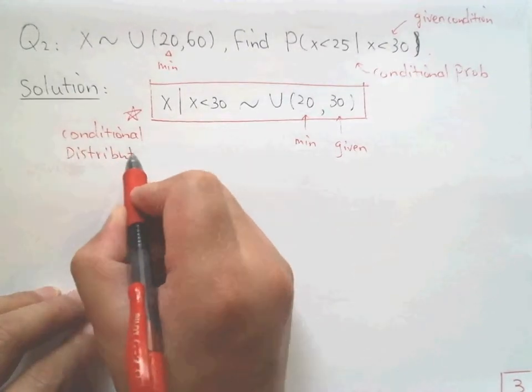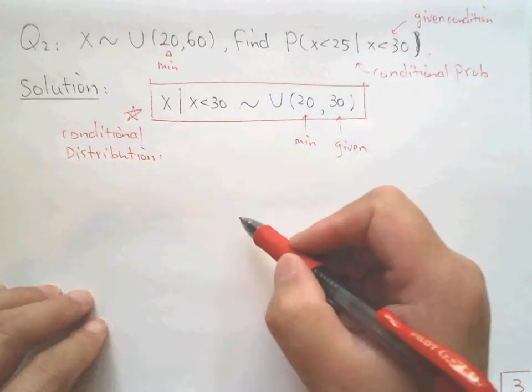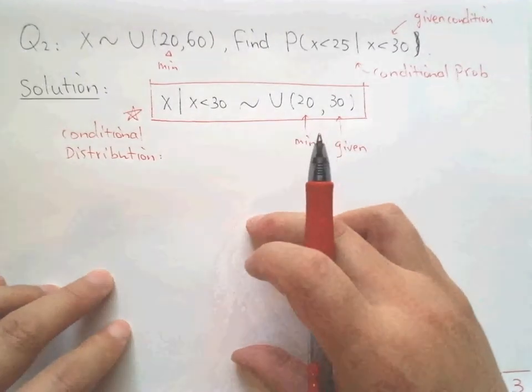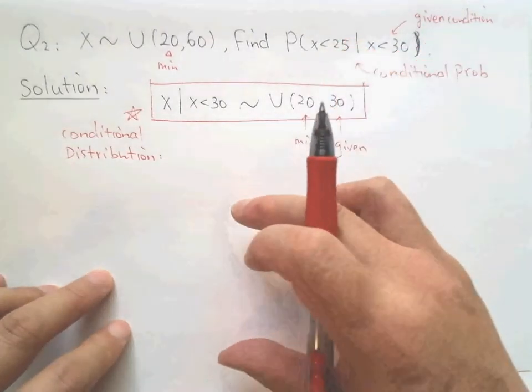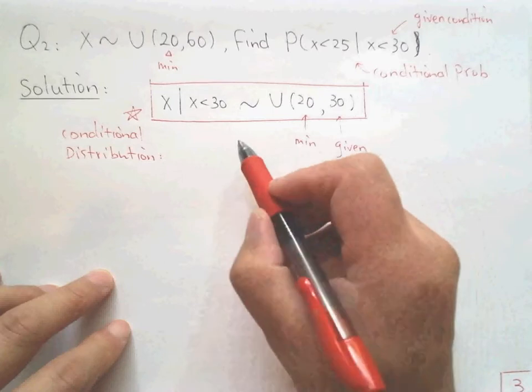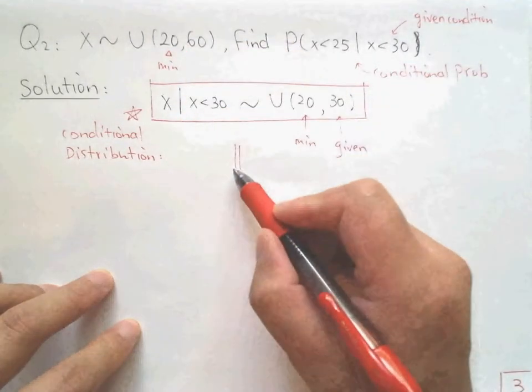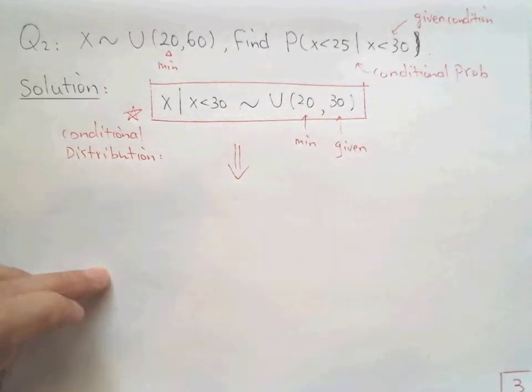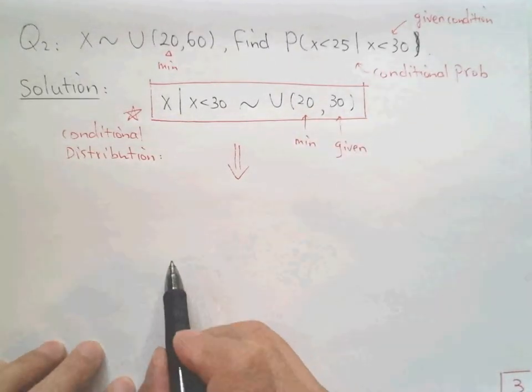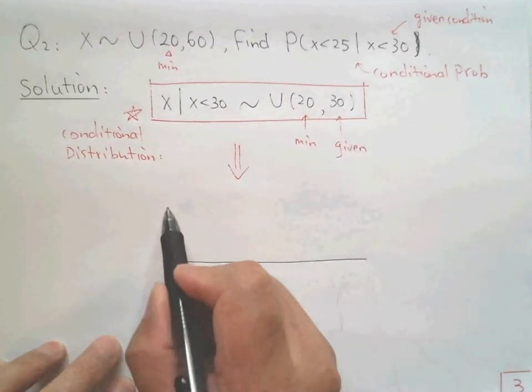Okay, and then the graph. Now we're going to deal with the probability by drawing a graph, right? A diagram based on this, not based on the original. It's based on this conditional distribution. Now we're going to draw.